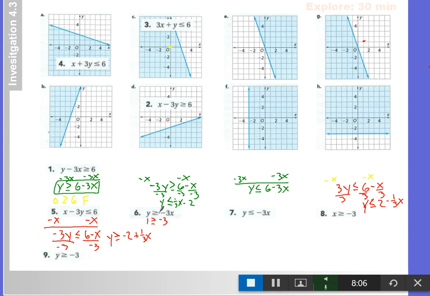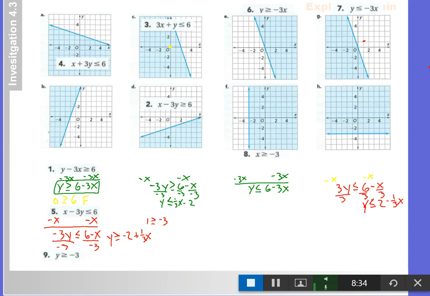So that means that this expression here, I'll put it right here. All right. Which also means that this one's got to go here. All right. And then x is greater than negative 3.